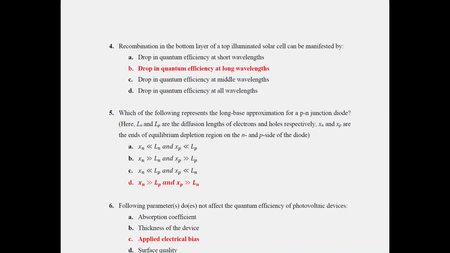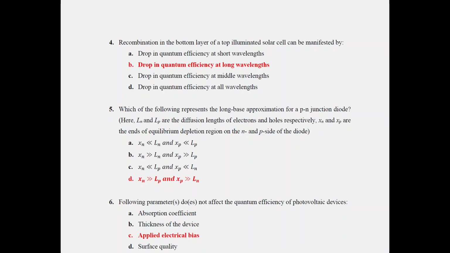Yes, sir, it is option D. I put the correct answer, but... Xn less than LP and XP less than Ln. Right, you're saying it right. So it's option C, I think, or option D? It is option C only. But here it's option D, sir. This is wrong. Yeah, I think they have given it wrong.